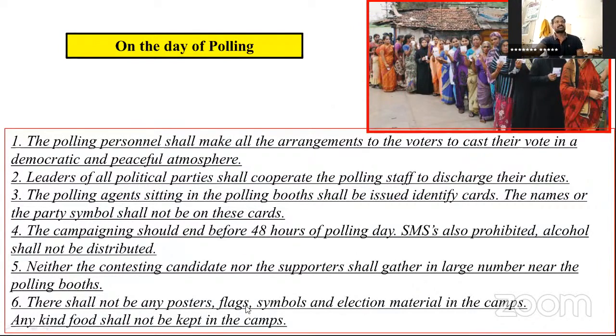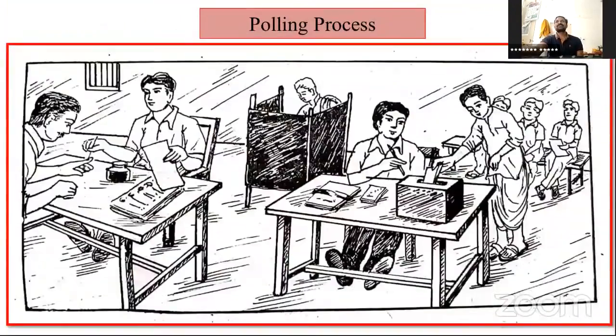These types of posters, flags, symbols, and any type of food shall not be kept in the camps. If anything like that is kept, disciplinary action will automatically be initiated.